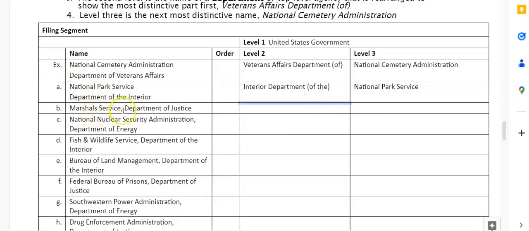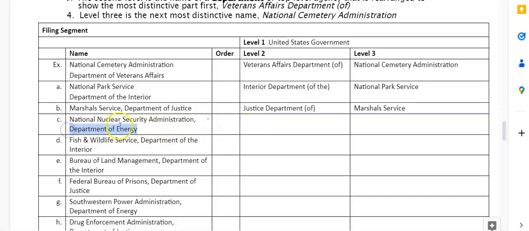So for letter B, we have Marshal Service and Department of Justice. Again, we want to focus on the department name for level 2. So that's Justice, Department, and in parentheses is of. Level 3 is Marshal's Service. For letter C, we have National Nuclear Security Administration, which is part of the Department of Energy.